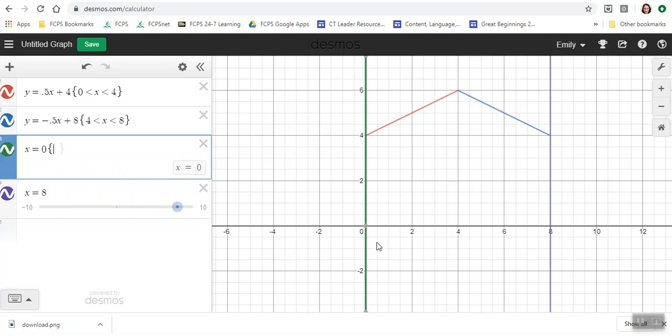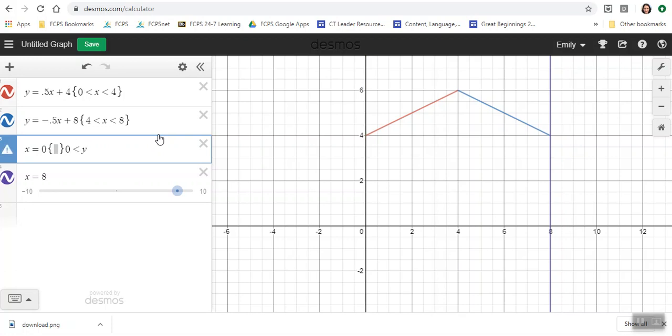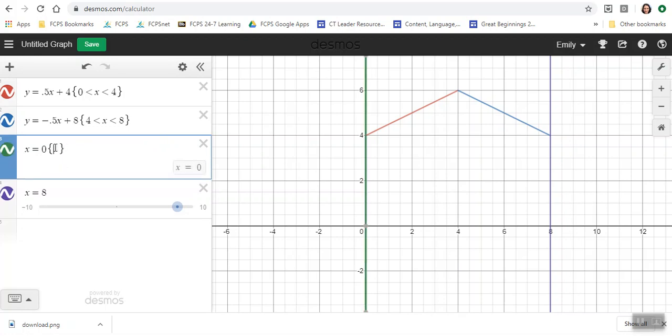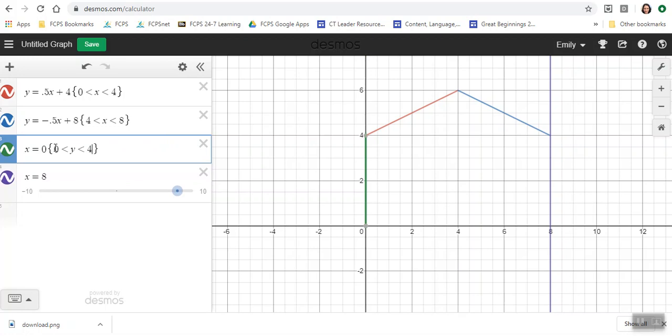So for these vertical lines, this one I want my y value to be between 0 and 4. So this time I'm doing y. Oops, that should go inside. And then the same thing, I can copy and paste that.